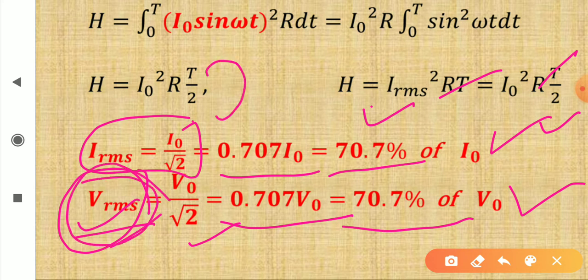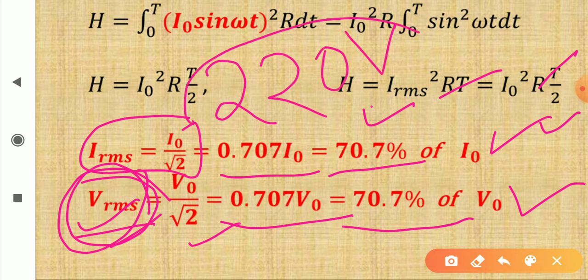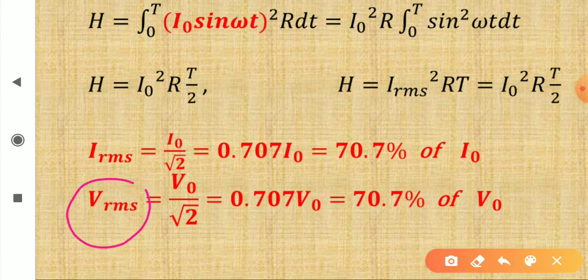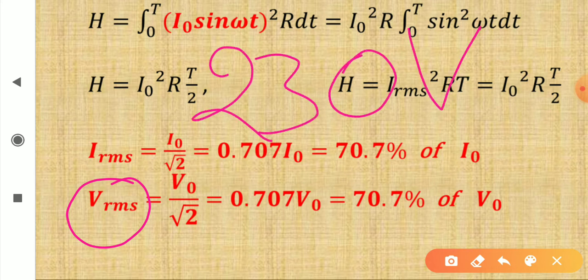If you have a 220 volts supply, then this 220 volt is VRMS. It is not the peak current. It is very important to understand that the RMS value of supply is always mentioned. If you have a 230 volt supply, it means the RMS value is 230 volt, not the peak voltage. Peak voltage is different from it.